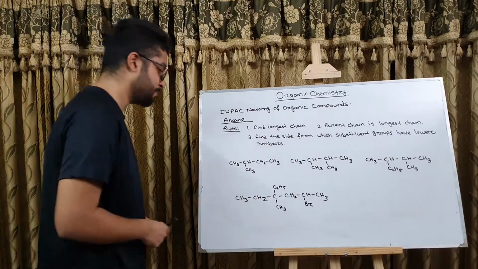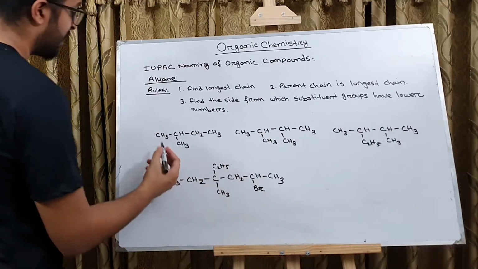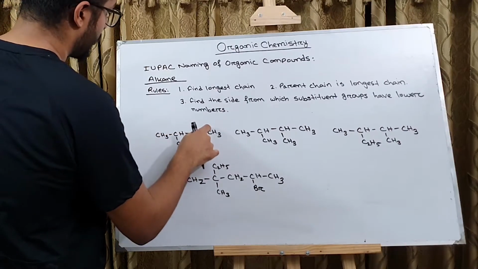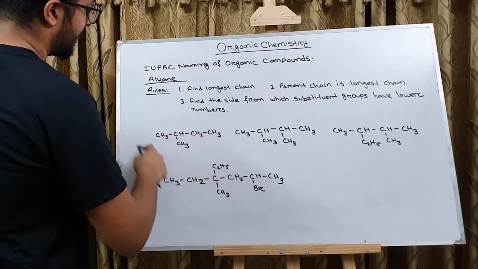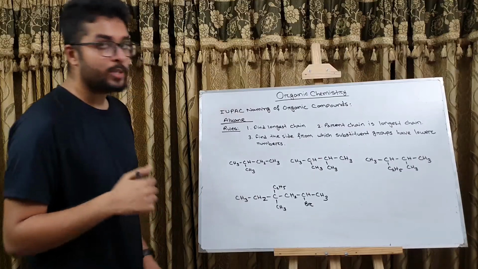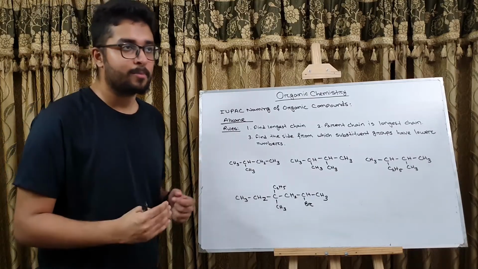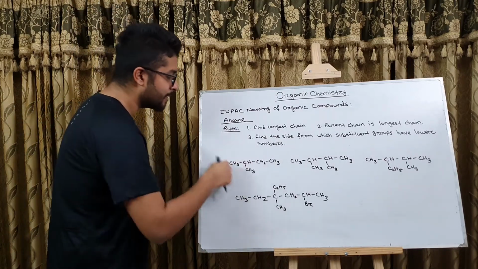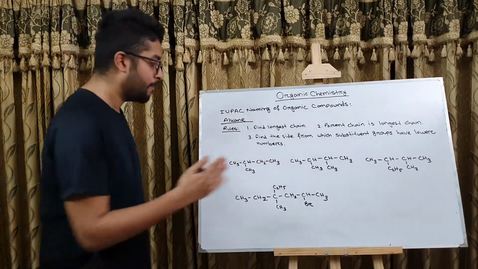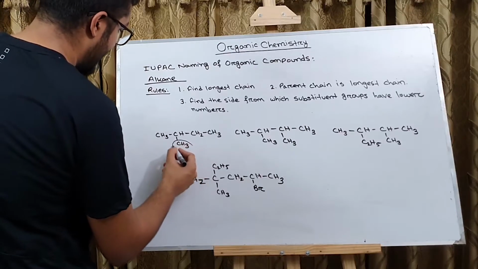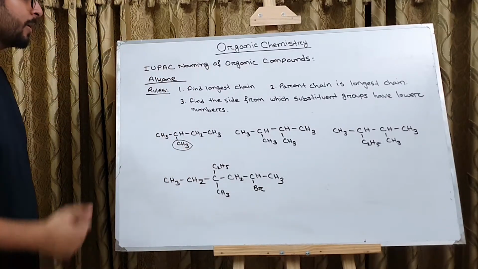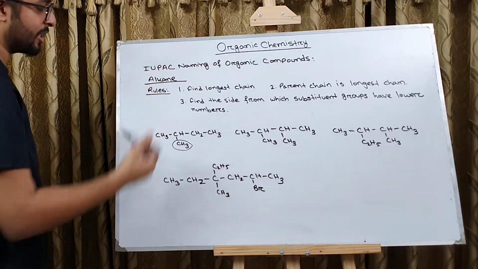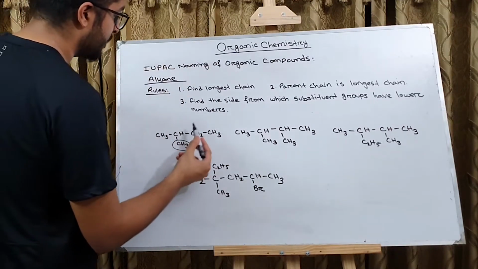So let's do it. In case of the first one, we have 1, 2, 3, 4, a 4 carbon based alkane. So we know if we have a 4 carbon based alkane, then it's butane. So this would be butane, no doubt about that. But we here have a substituent group. And the first step of naming was find the longest chain, and that's what I did. 1, 2, 3, 4 carbons.